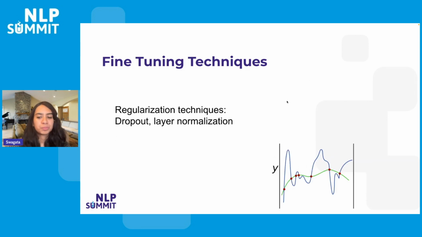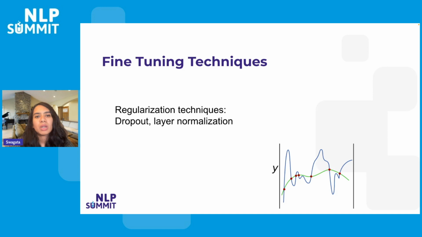So, moving on to our last fine tuning technique, and again, this is a familiar concept in machine learning and deep learning, which is regularization techniques. Regularization techniques are mostly used to prevent overfitting, and it helps the model to generalize well on unseen data.